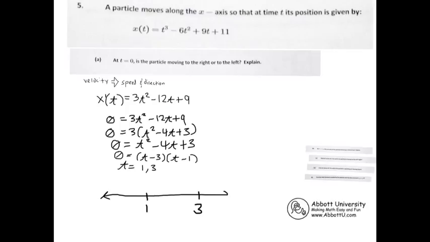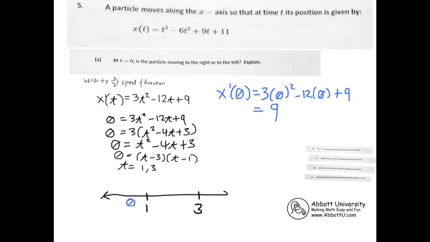So let's test 0. Well, x prime 0 equals 3 times 0 squared minus 12 times 0 plus 9, and after all the calculation, it is 9.